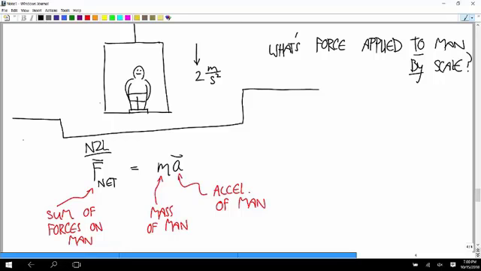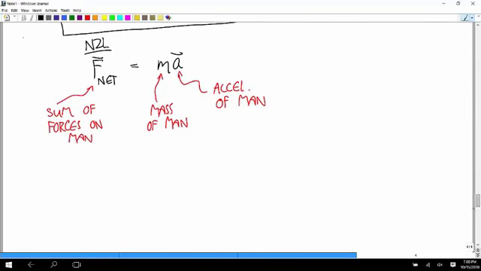Okay, so let's figure out what we know about this stuff. For the sum of the forces, first there's the force applied by gravity, the weight force. And do we know what that is? Yep, so the fact that he's on an elevator doesn't have any effect on that. Gravity just always does the same thing. So that's going to be equal to 0, negative 981. And the units for force are newtons.